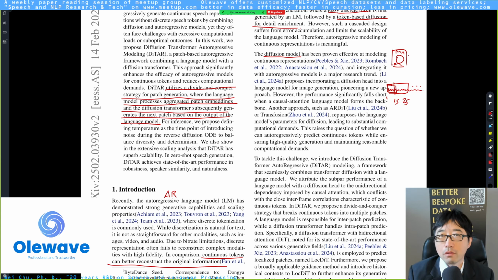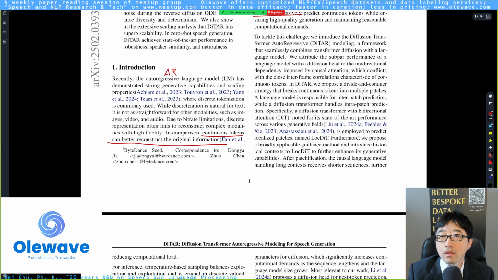Because autoregressive modeling is causal in nature, right? Because it always tries to predict the next token and it's not dependent on the future tokens, okay? Whether they can use an autoregressive model, okay?